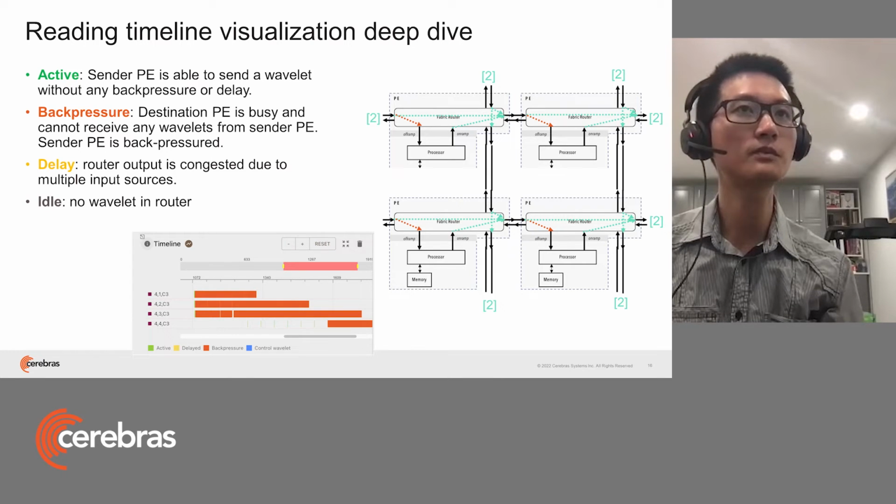When you're broadcasting wavelets, often you can create congestion in the router. When the router is congested, you cannot actually send data through. You have to wait for the router to finish sending what it currently has, and then the other wavelets. And that's what delay means.